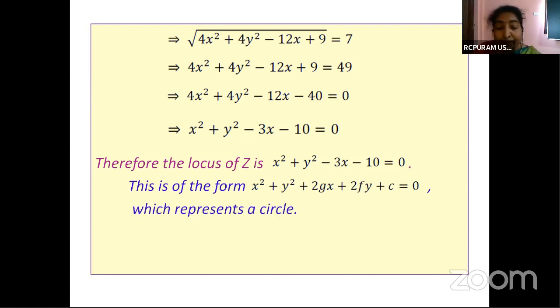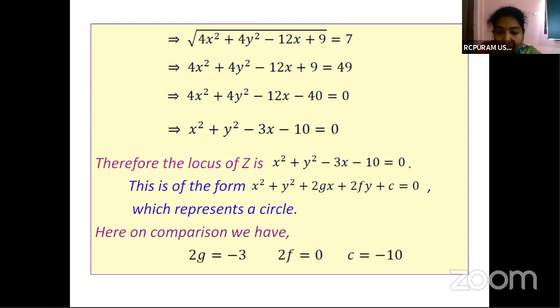Okay, when you compare the two equations, the general equation of a circle and the equation what we got, you will get g and f values and also c. 2g is minus 3. 2f, we don't have any y term, isn't it? So 2f is 0 and c is minus 10.